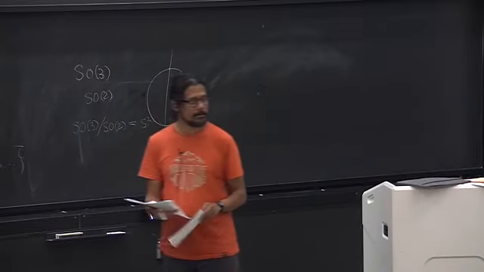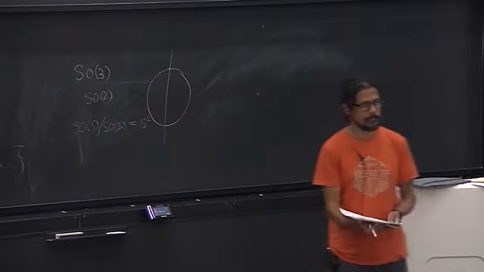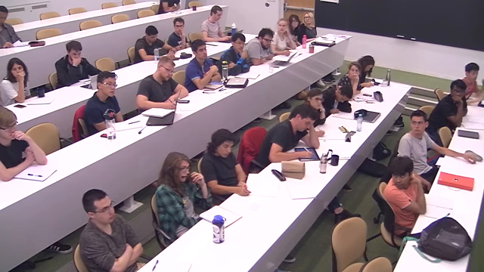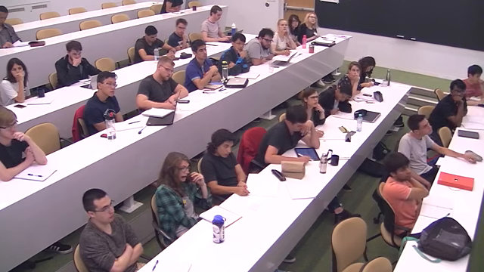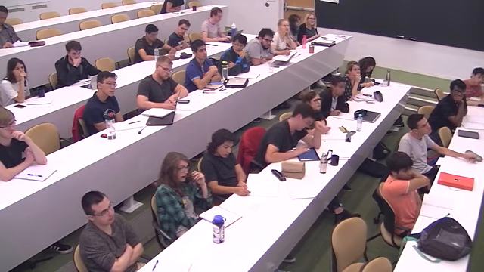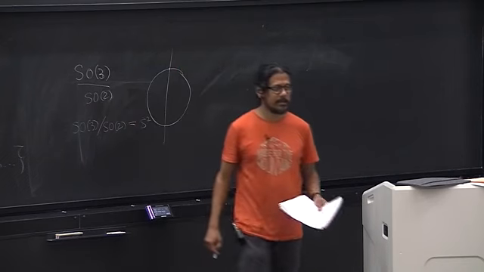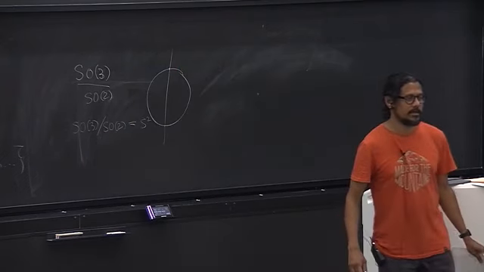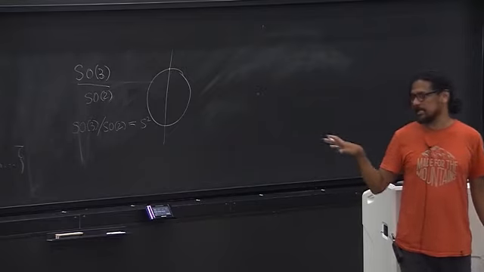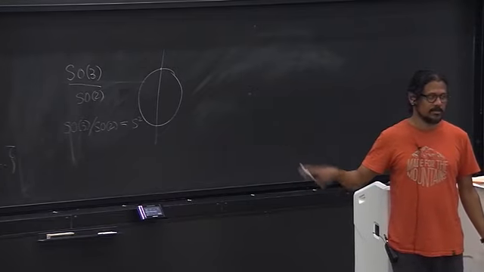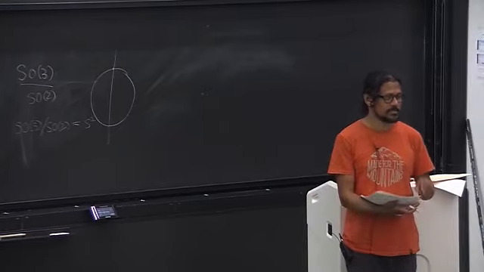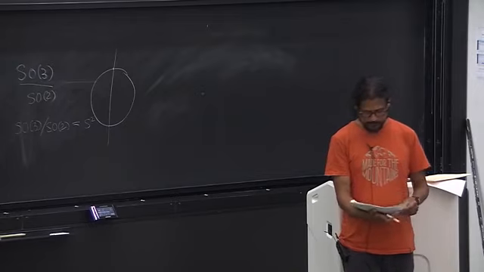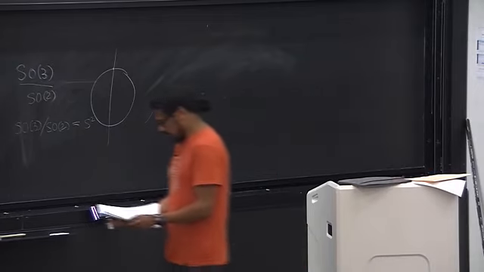The coset decomposition, can it be done even if G is non-countable? Yes. In this case, G is non-countable, right? Yeah. That's why I introduced it in this context, but in a different context it is. Okay. All right.